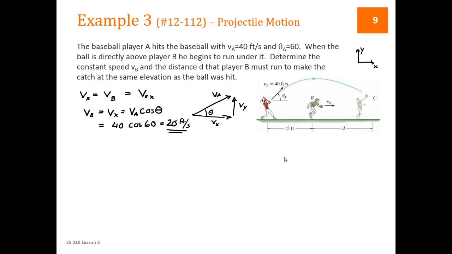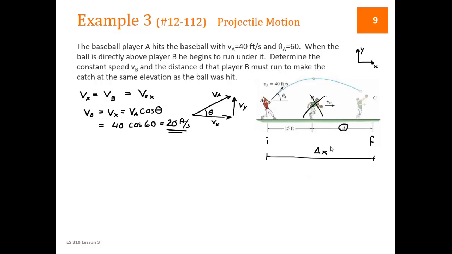So for part B, we need to figure out what D is. Well, if we look at D, let's forget player B for a second. If we start here at our initial position, and our final position is out here where the guy catches the ball, then this entire distance is going to be delta x.